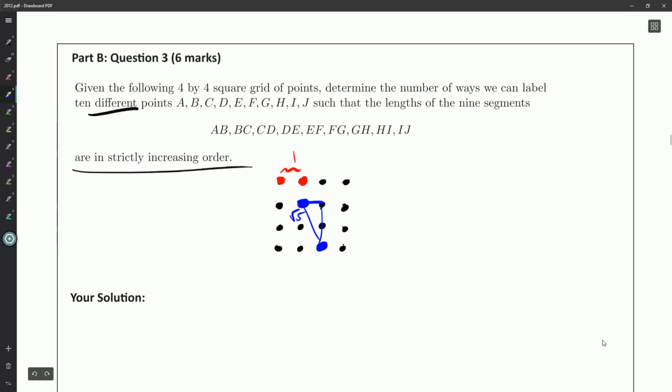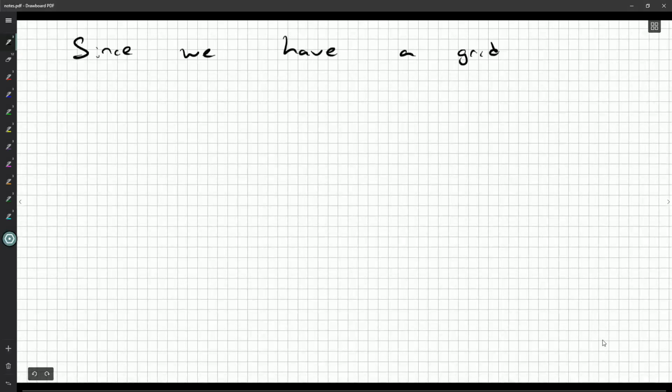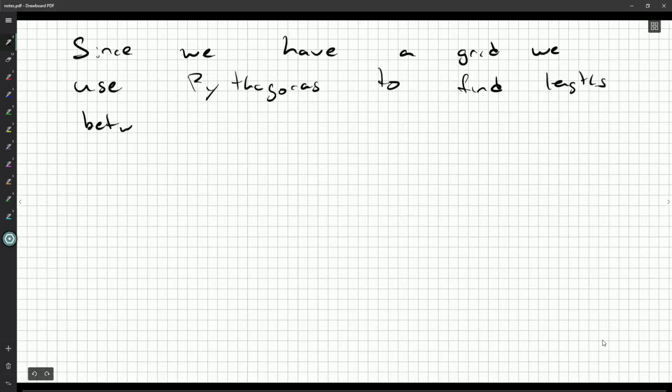So because they're on a nice grid, we use Pythagoras to find lengths between dots.